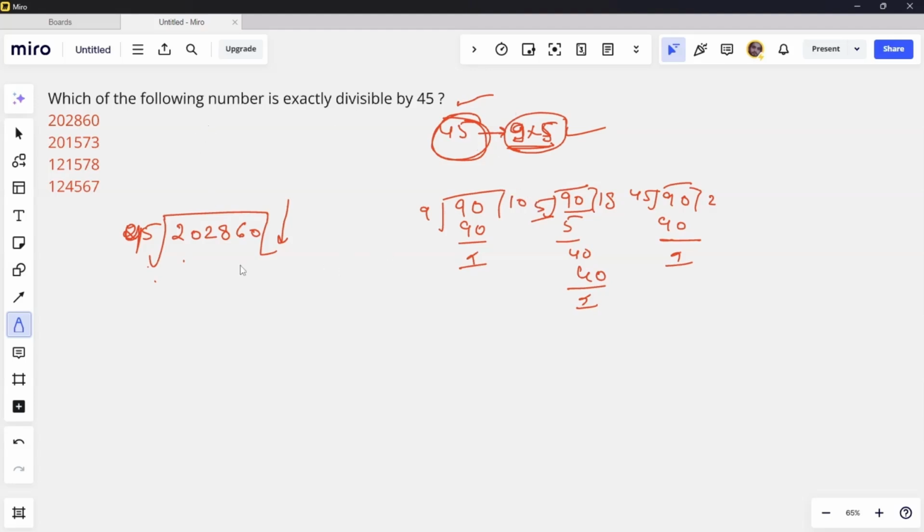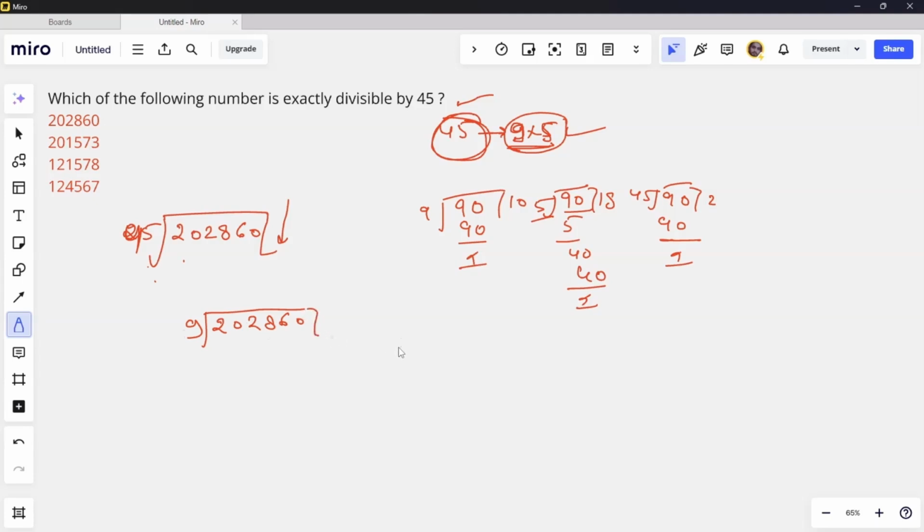If this is the number 202860 and I want to check whether it is divisible by 9 or not, I do not need to divide it like this, so it is a very long way.